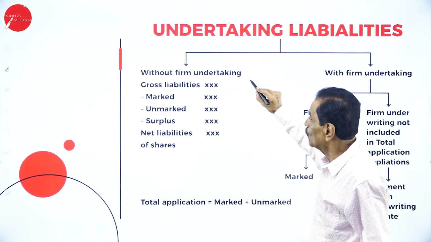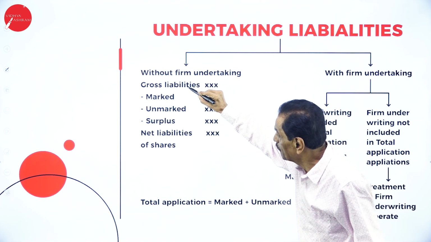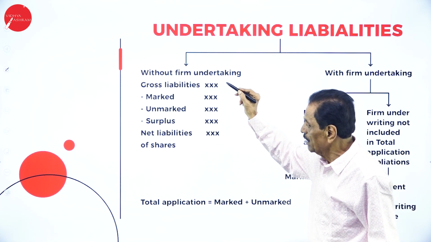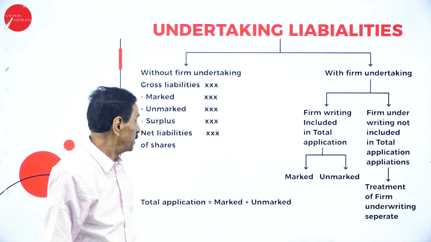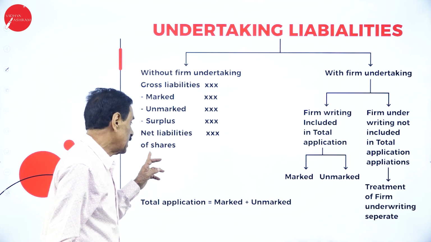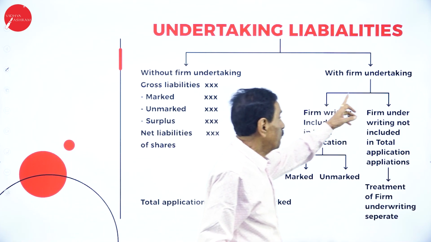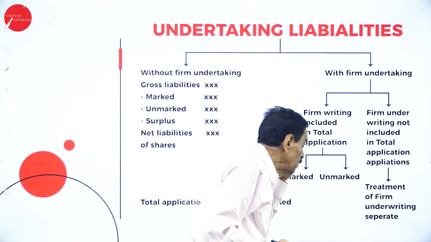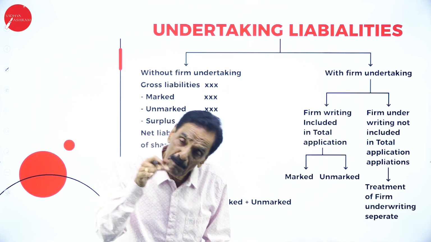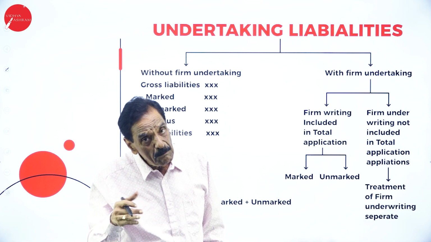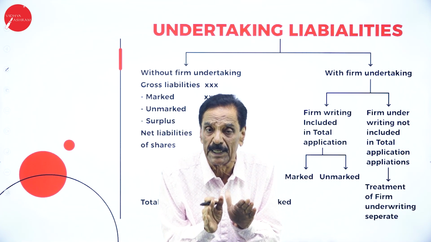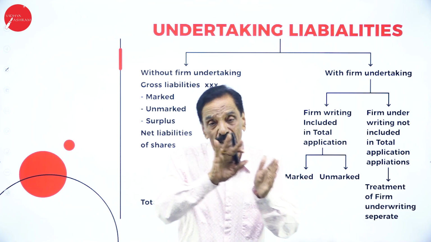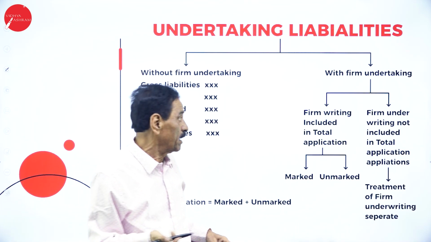Without firm undertaking: gross liability, marked application, unmarked application, and any surplus that comes should be distributed. The result is the net liability of the underwriter. With firm undertaking included in total application, it may be marked application or unmarked application.